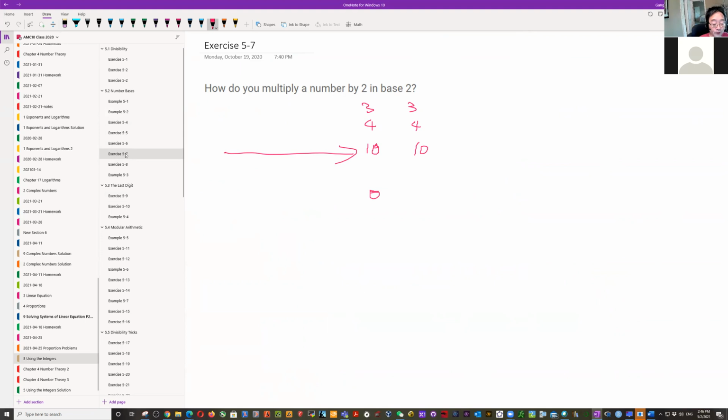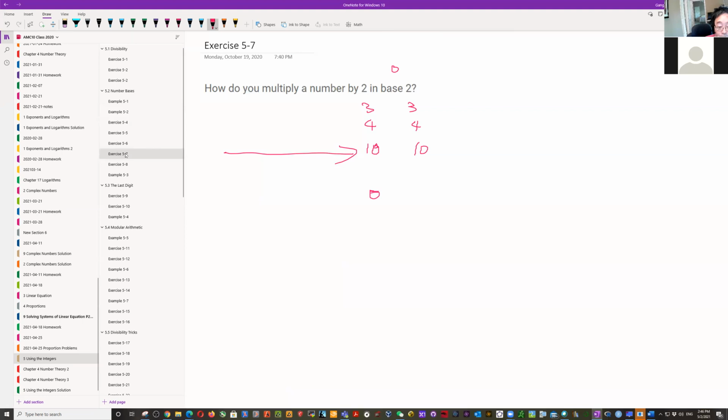If you think about this, it's actually the same with all the other number bases, because multiplying a number by 2 in base 2 is just equivalent to adding a 0.